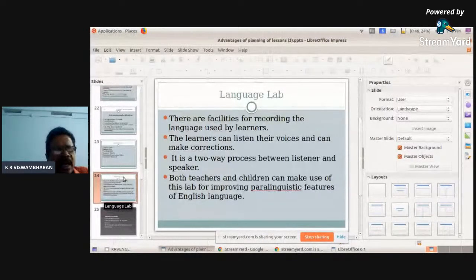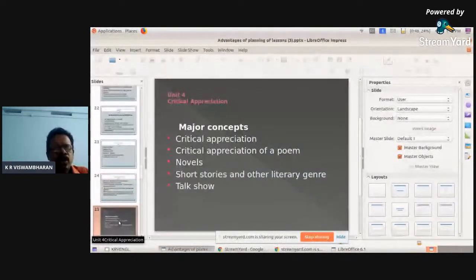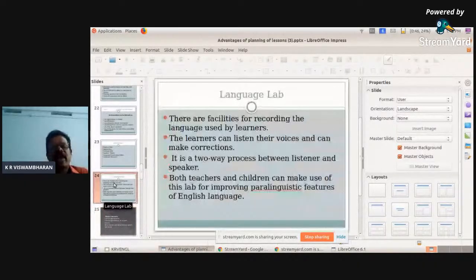So these are the major innovative ideas which can be used as part of innovative strategies of learning a language. A language lab can be set up.